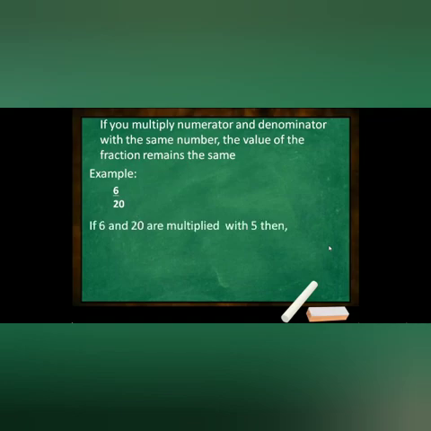Now if 6 upon 20 is multiplied by 5, what will be the value then? So 6 into 5, 20 into 5. 6 5s are 30, 20 5s are 100. Now if you simplify or reduce it, it will come back to 6 upon 20. So both the values are equal.